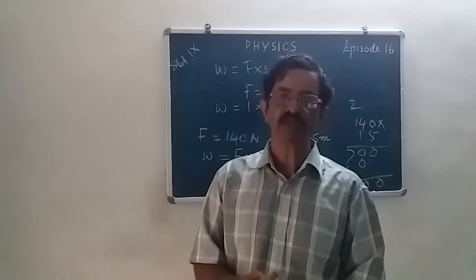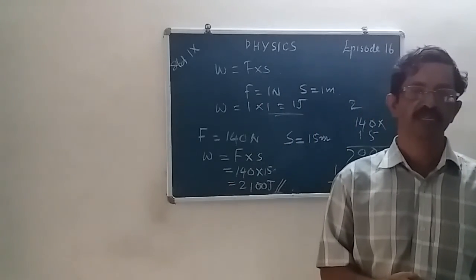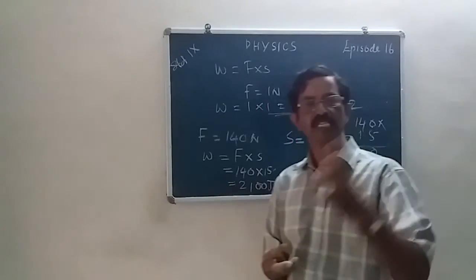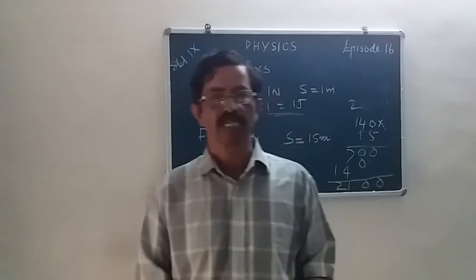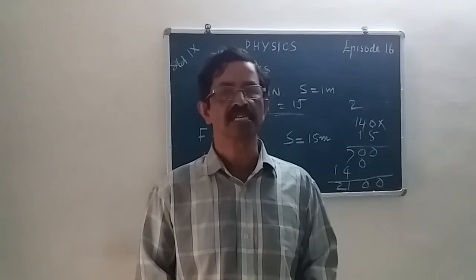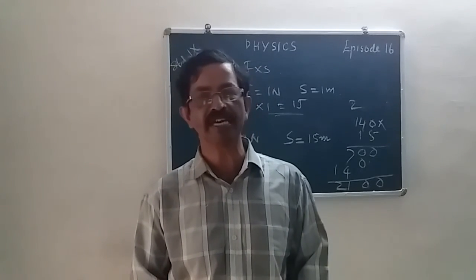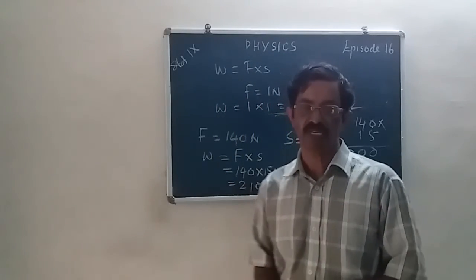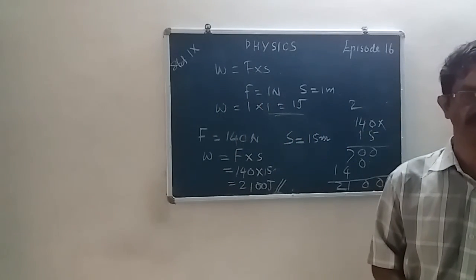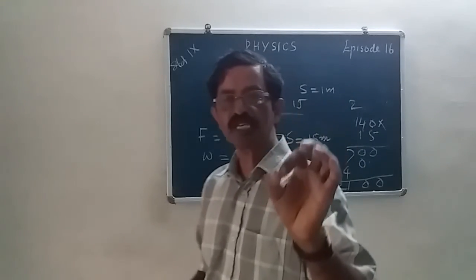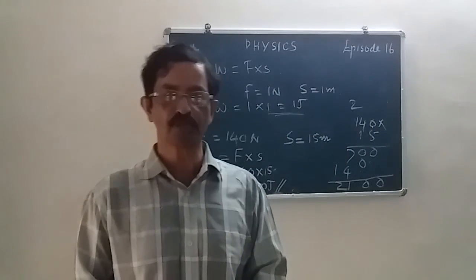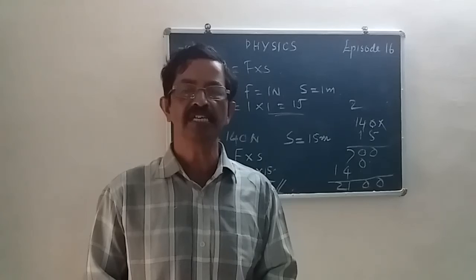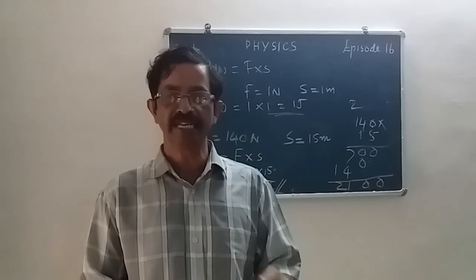When does work become positive? If force and displacement are in the same direction, we can say work is positive. When does work become negative? If force and displacement are in the opposite direction, then we say work is negative.